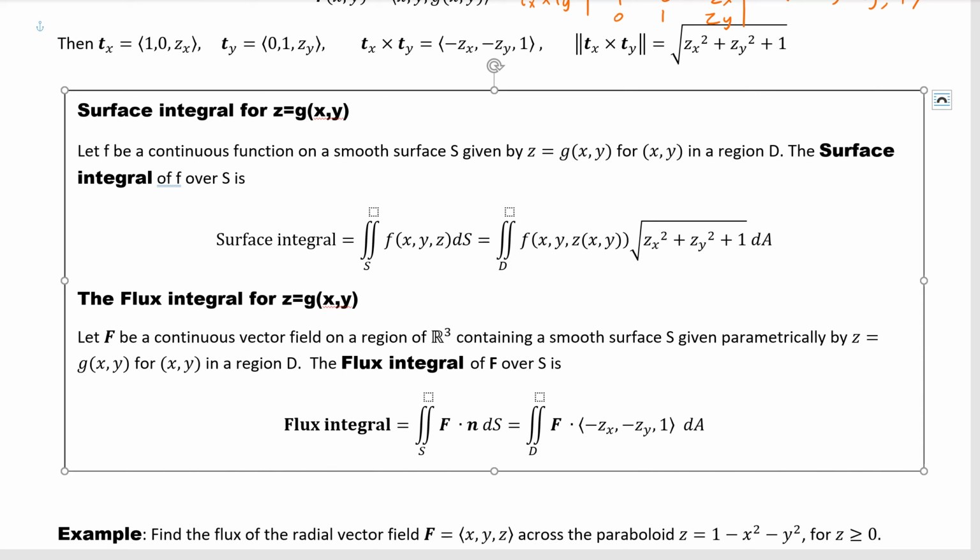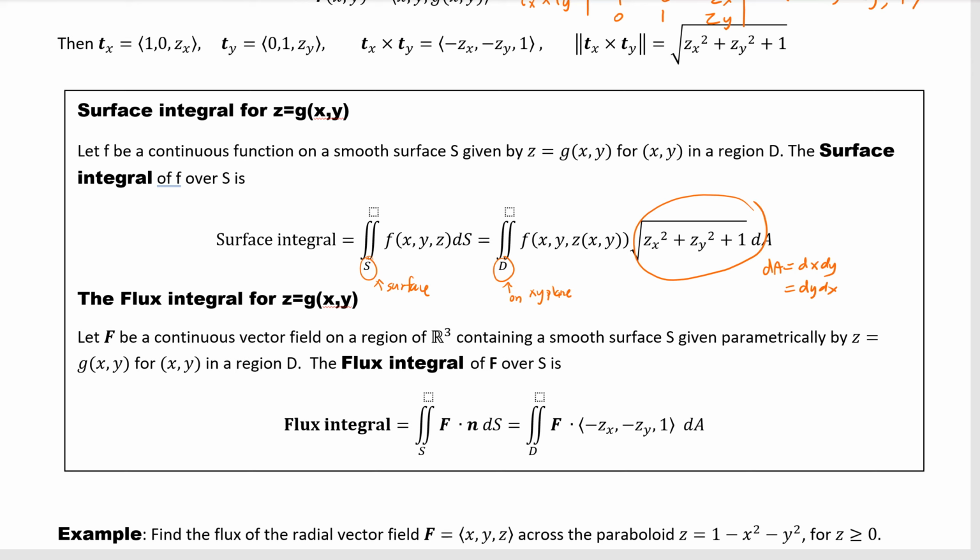Then the surface integral is the double integral over D, which is on the xy plane, of f times the magnitude of Tx cross Ty, which is the square root of z_x squared plus z_y squared plus 1. And dA could be dx dy or dy dx.